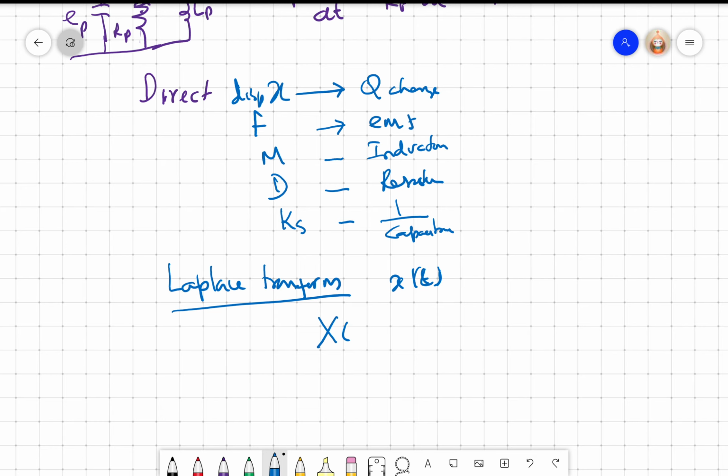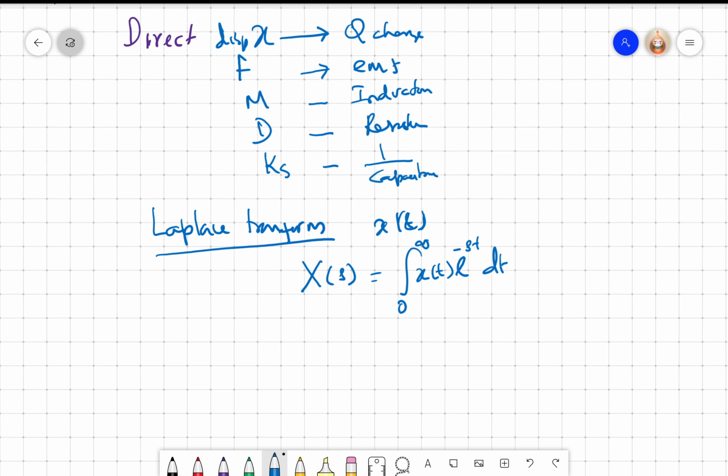Then I transform it to the Laplace domain with a variable s: X(s) is integral 0 to infinity x of t into e power minus st dt. This you have done in your control system, you have done in your mathematics. So I'll go through it very quickly. Here s is called the Laplace variable. And we have s is equal to sigma plus j omega.